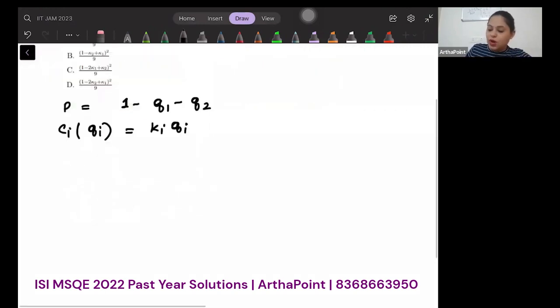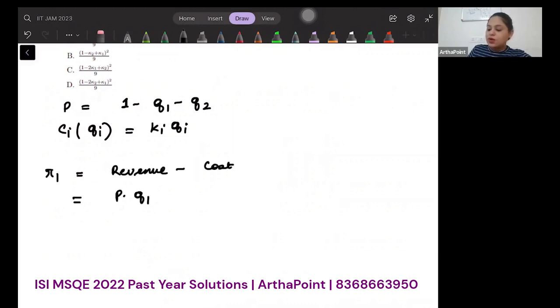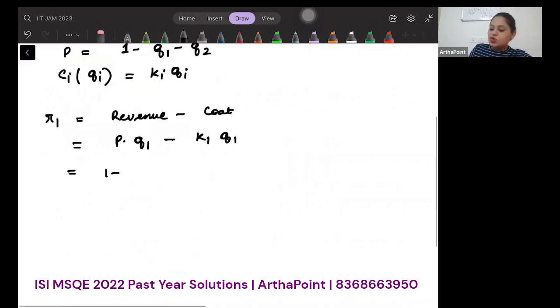So profit of firm 1 will be revenue minus cost. Revenue will be price times quantity of firm 1, minus cost of firm 1, right?